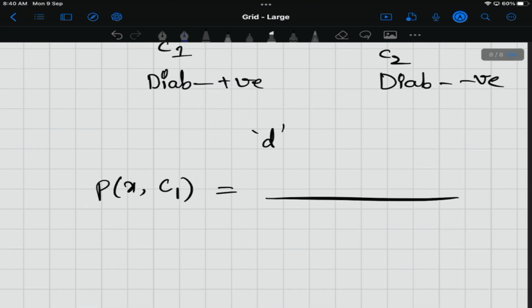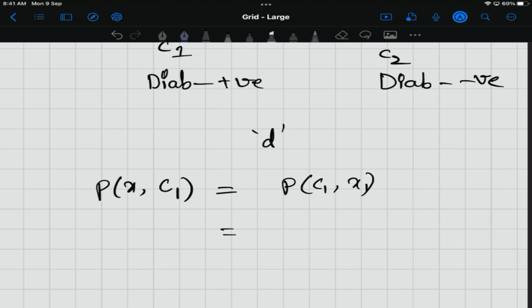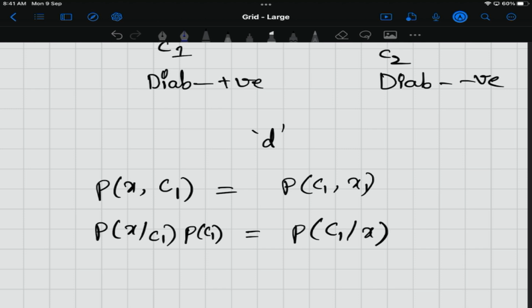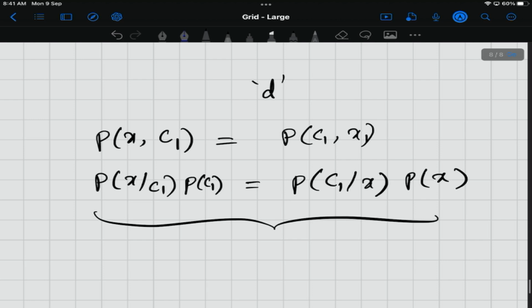So this can be written as probability of C1 comma x. This becomes probability of C1... This can be written like this, no?